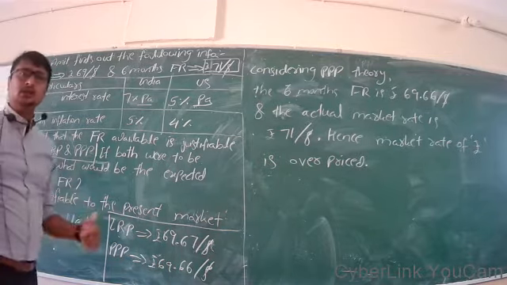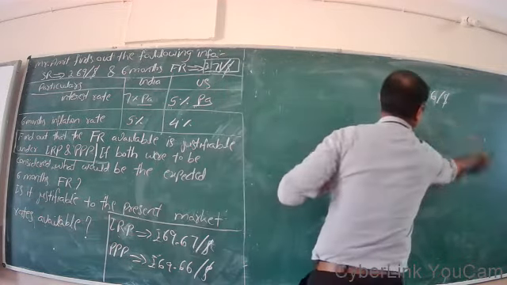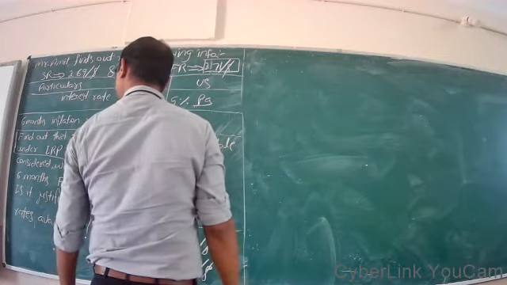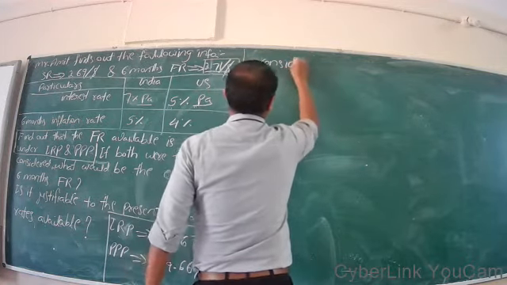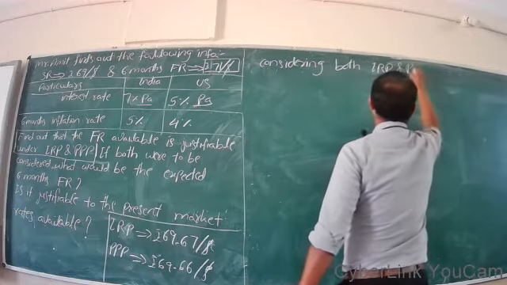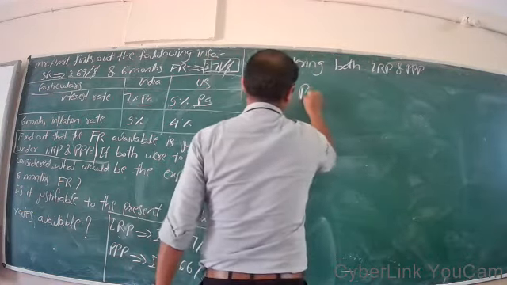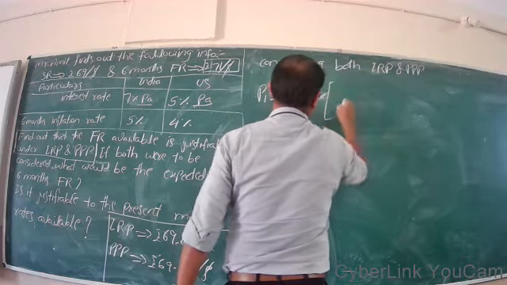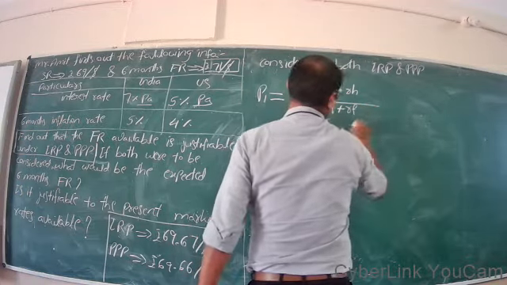Now we have to combine these two theories. If both were to be considered, considering both IRP and PPP, the calculation is: old exchange rate multiplied by 1 plus RH divided by 1 plus RF.